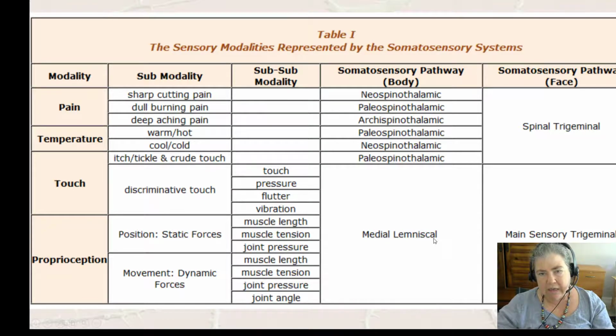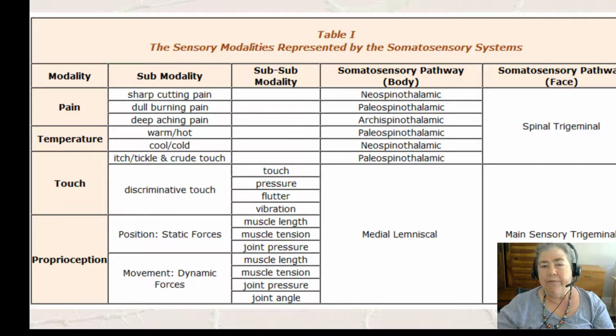In addition to the somatosensory pathways that travel through the spinal cord, sensation from the face and parts of the tongue travel through pathways in the trigeminal nerve, which is the fifth cranial nerve.